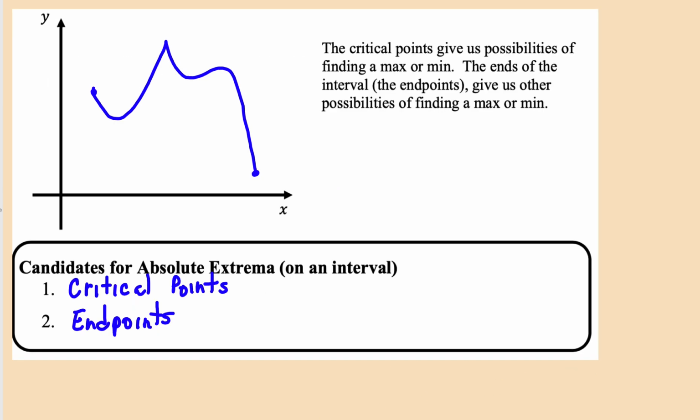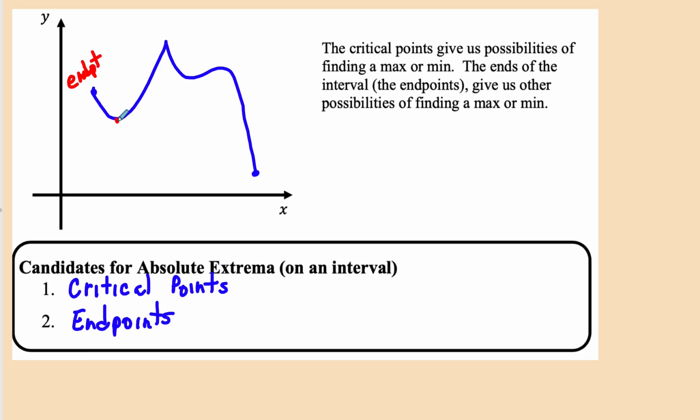Okay, let's take a look at this picture, and this is a closed interval test. And in this closed interval, we are going to have an absolute max and an absolute min. Let's take a look at the graph and see what we have to do. This is an endpoint, and that is a candidate.